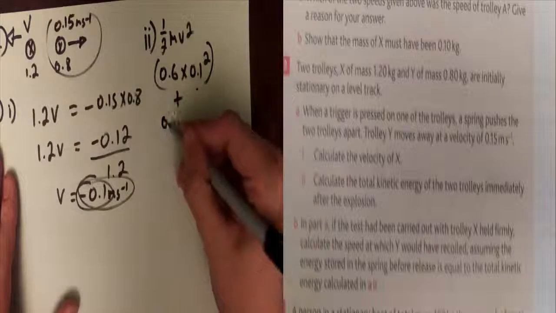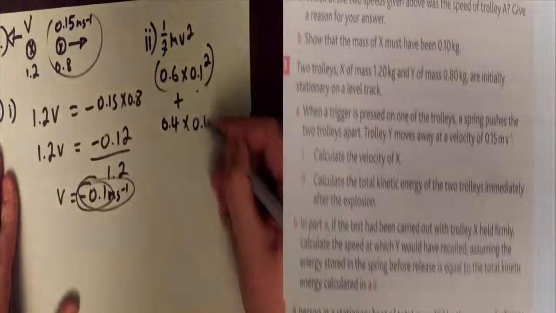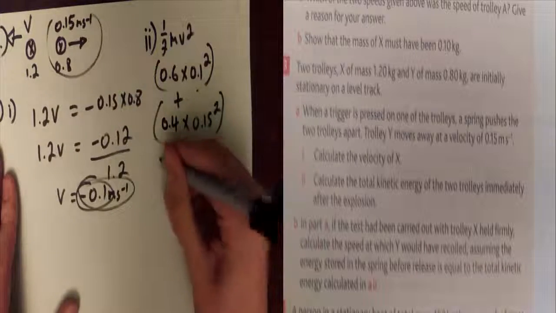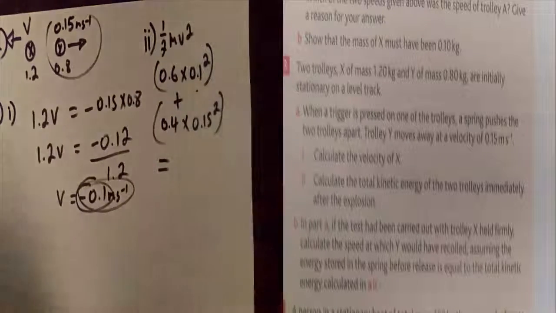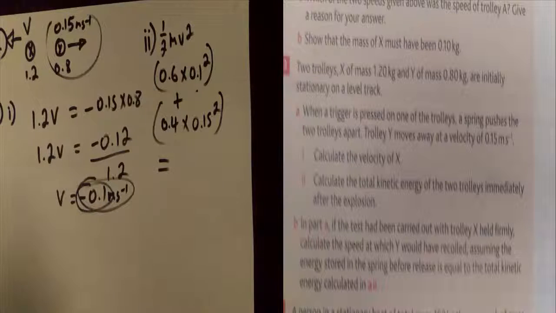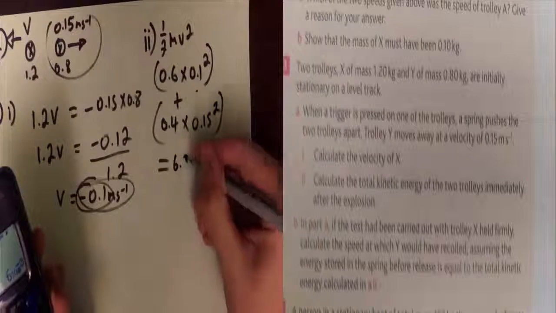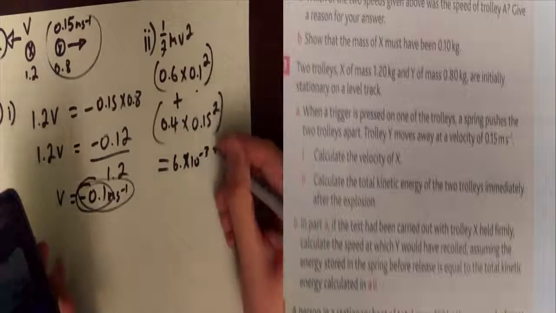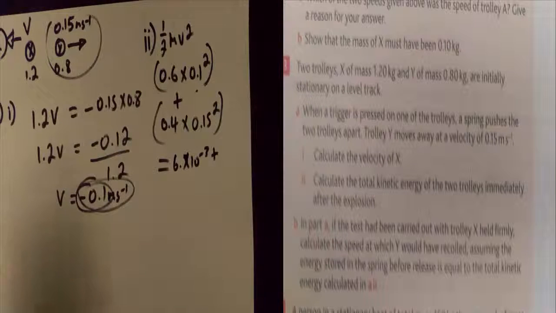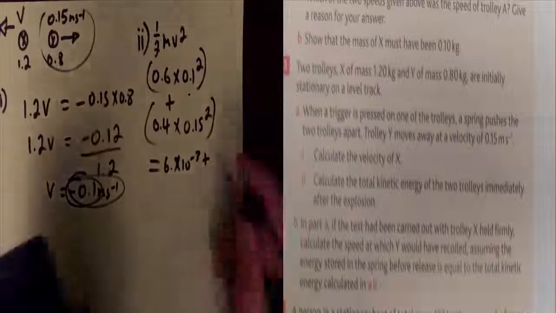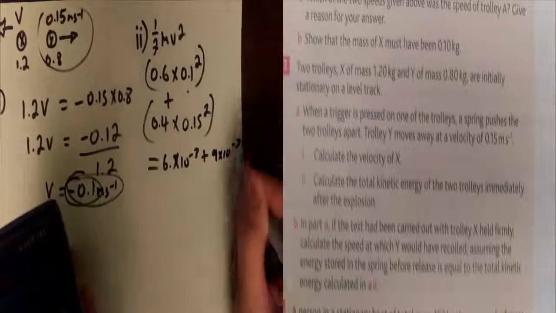So half of 0.8, 0.4, multiplied by 0.15 squared. This should give us our total kinetic energy after the explosion. Quickly do that on a calculator. So we're going to get 6.6 times 10 to the minus 3 plus 9 times 10 to the minus 3.